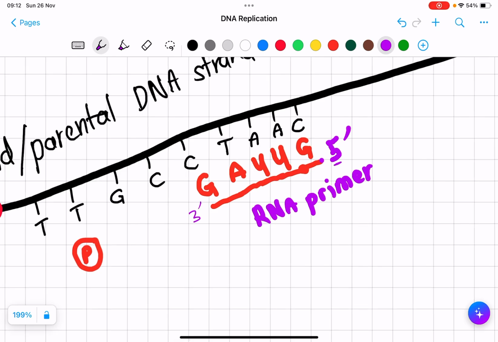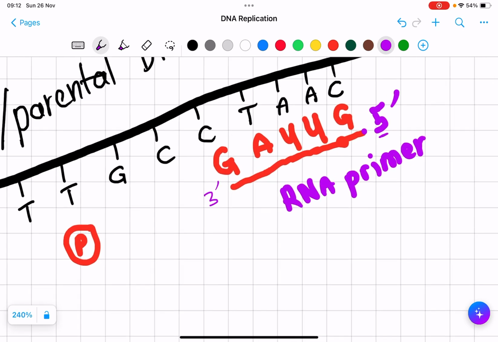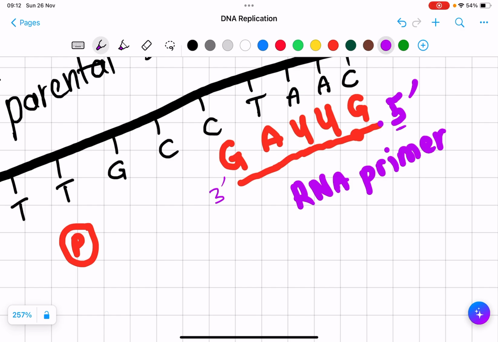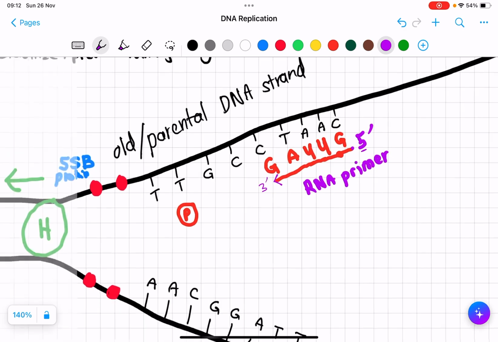Kalau dah sini 5, opposite dia yang strand yang sama hujung kena bertentangan juga 3. Jadi, nukleotide tu, RNA nukleotide tu ditambah di 3N. Dia mesti ditambah di 3N and direction dia ke towards replication fork. Dia follow replication fork. Follow helicase towards replication fork.